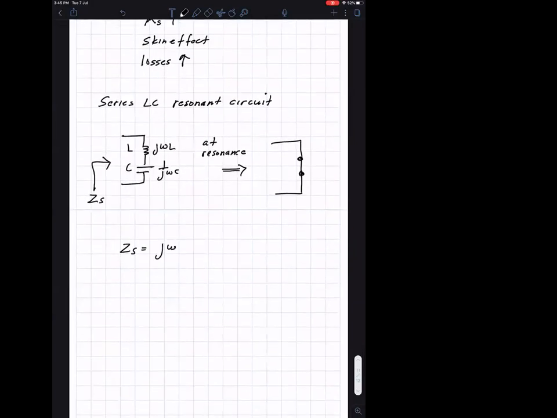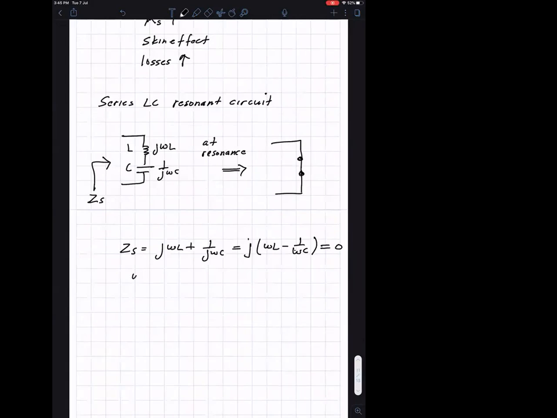The input impedance is j omega L plus 1 over j omega C. If you pull out the imaginary part, the j, it's going to be j times (omega L minus 1 over omega C). If you set this equal to 0, that means you're setting the input impedance equal to 0.